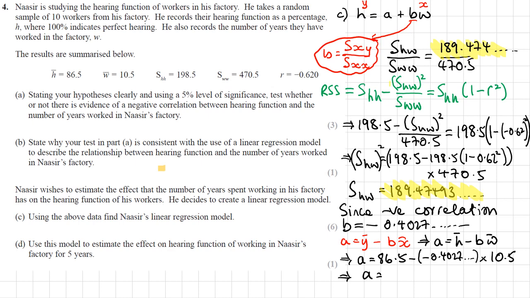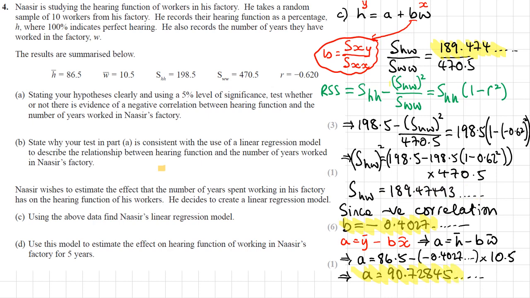So using the answer button to be as precise as possible, I get A is equal to 90.72845 and so on. So I have my values of A and B here. So here's my B, here's my value of A. I'm going to give my values to 3 significant figures.